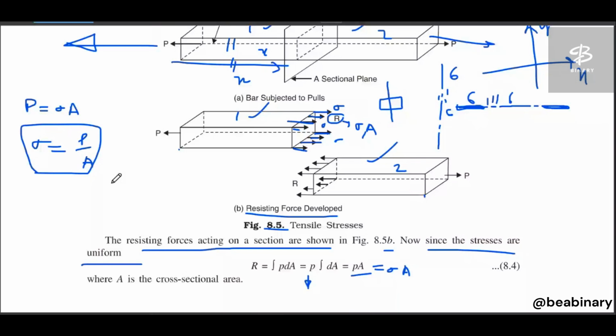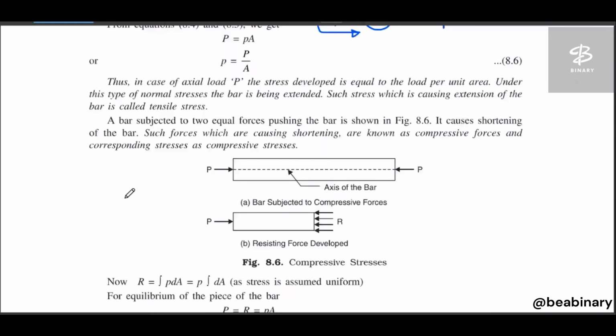Okay. Now here he defined it basically. I have already explained, but in the case of axial load P, the stress developed is equal to load upon area, load per unit area. He has not mentioned instantaneous area or original area.